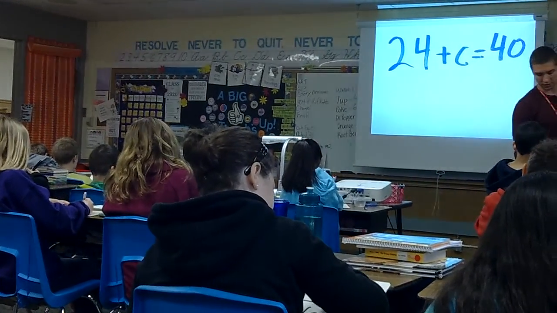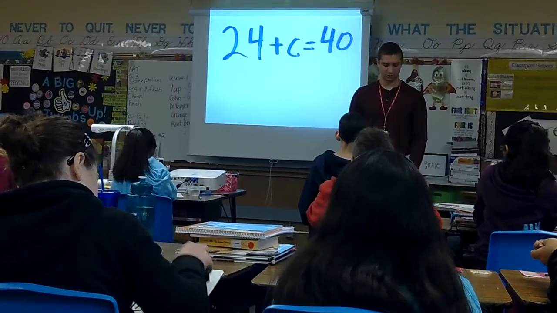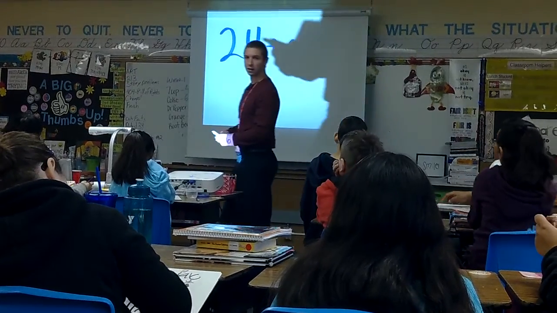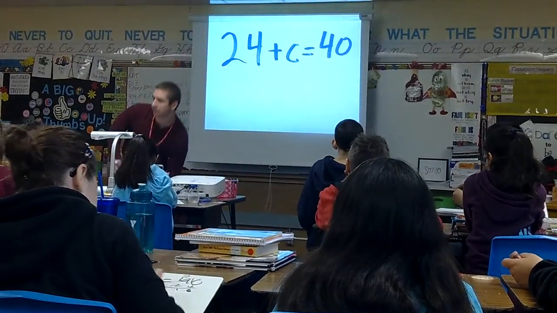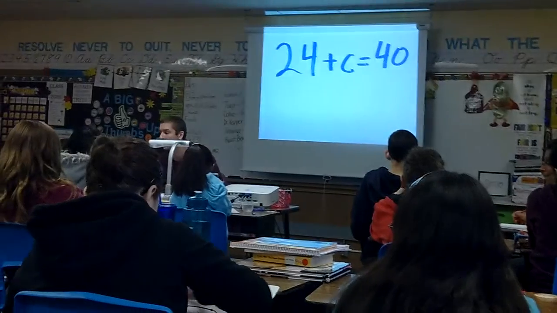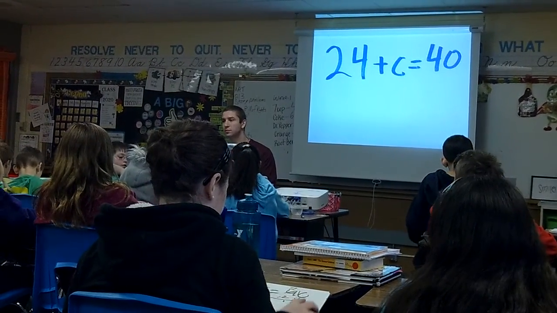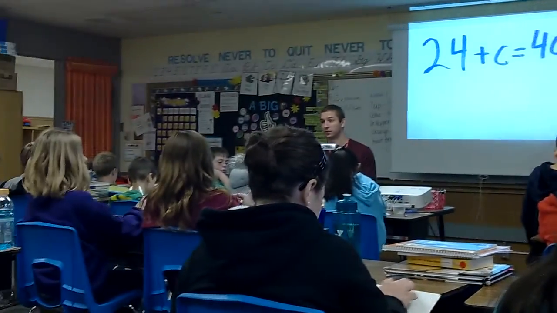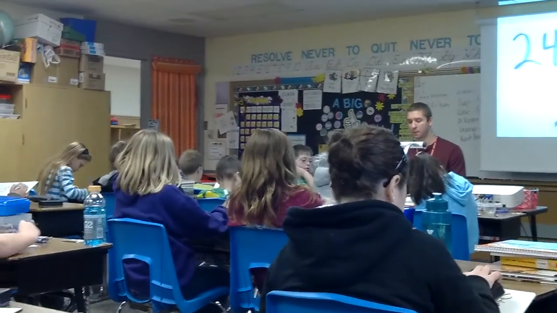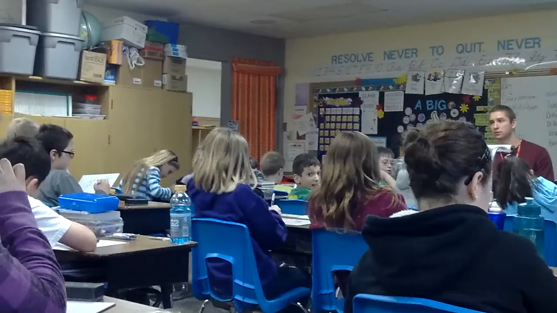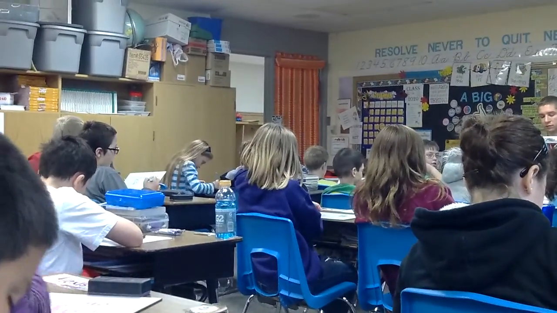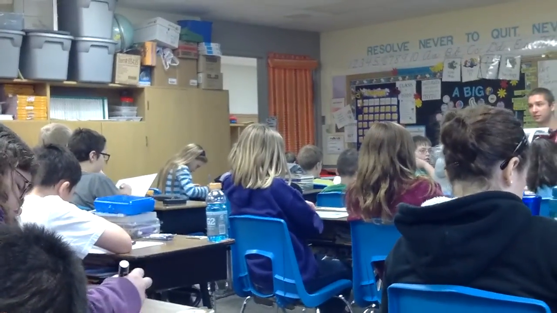I don't want you to skip the steps. All right, can somebody work this one out for me? You want to do it? Grace? Well, you have to find C. So I said 40 minus 24, because you did it on this side to get rid of it.